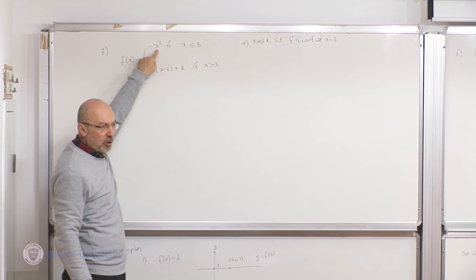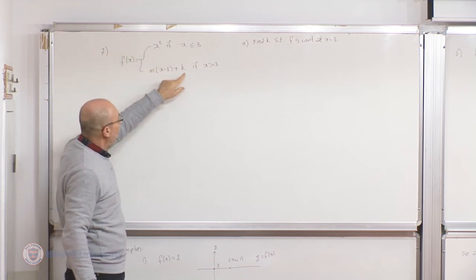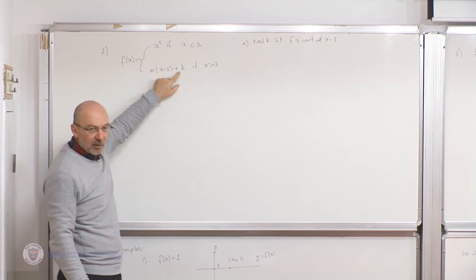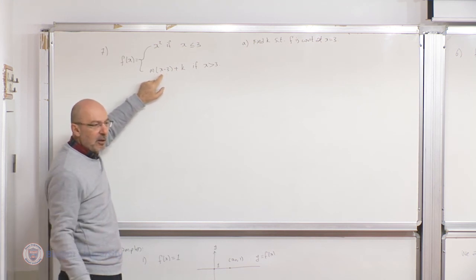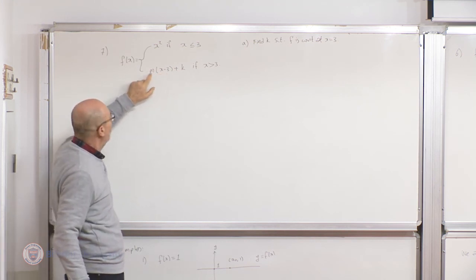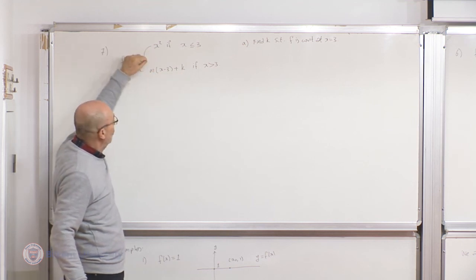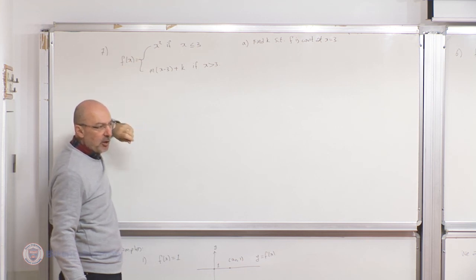So f is continuous, it's a parabola, it's continuous everywhere on this side. If x is larger than 3, it's a straight line. Again, as far as algebra is concerned, it's a polynomial of degree 1. So it is continuous everywhere, no matter what m or k is. Okay. But if the two graphs don't touch each other, then it will not be continuous at x equals 3.